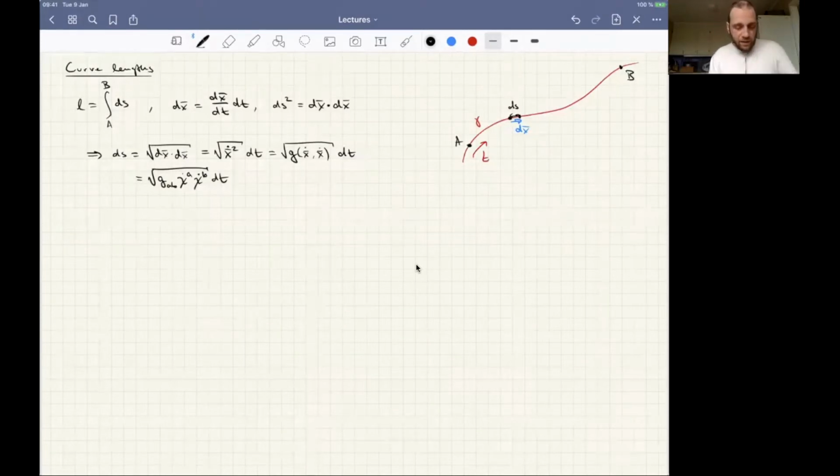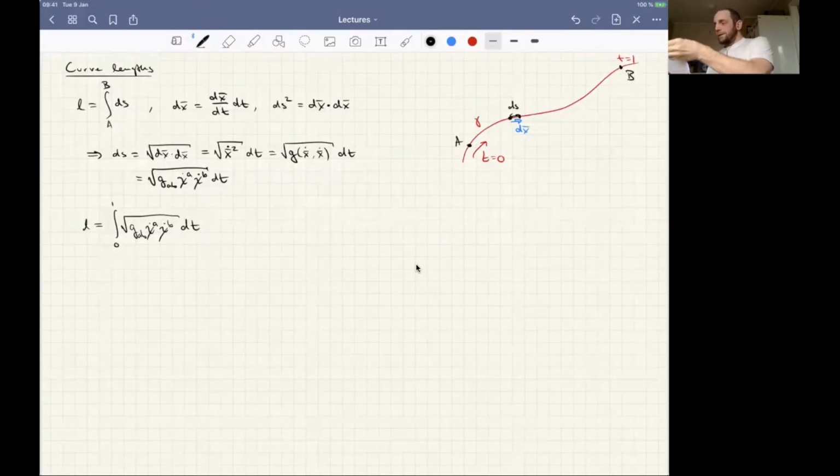And then I integrate, so the length is the integral from t equals 0 to t equals 1 of square root of g_ab chi dot a chi dot b with respect to time.